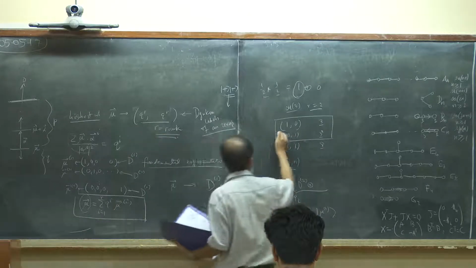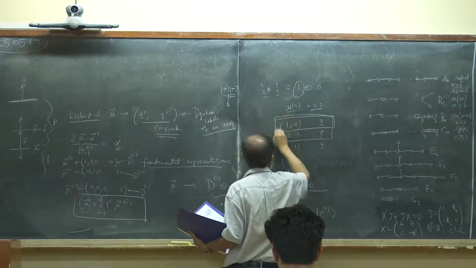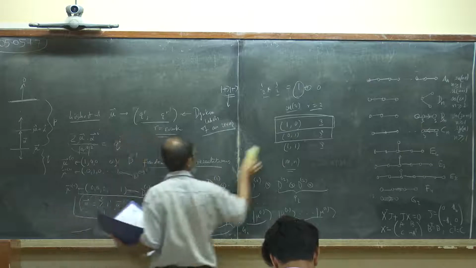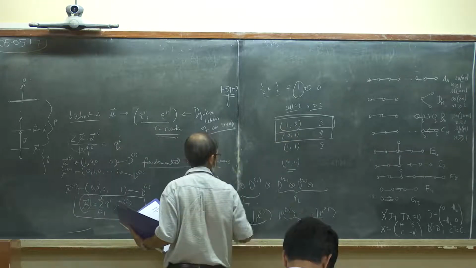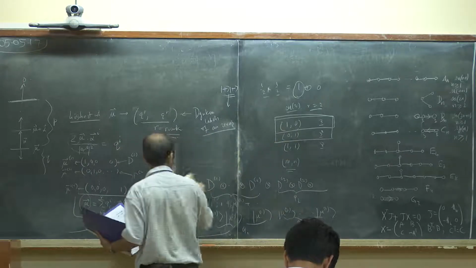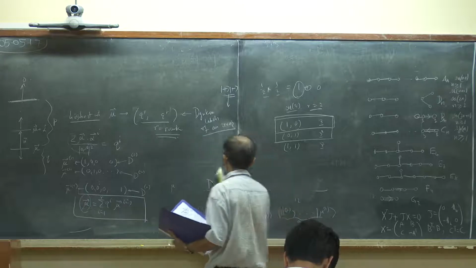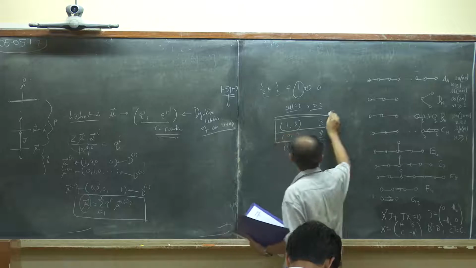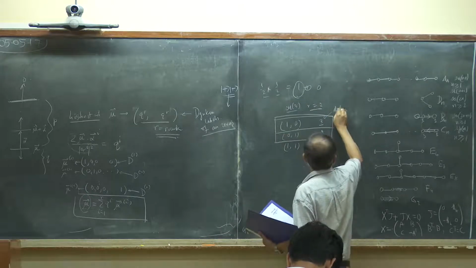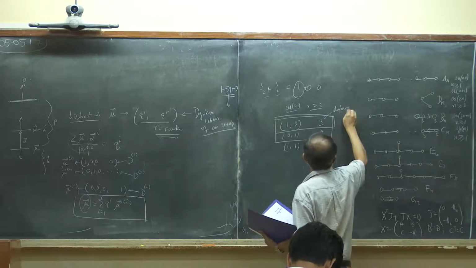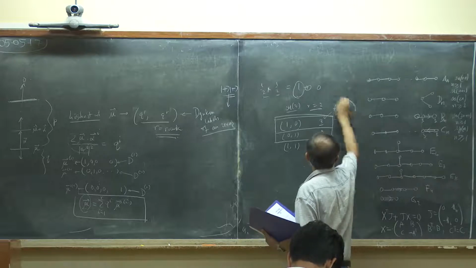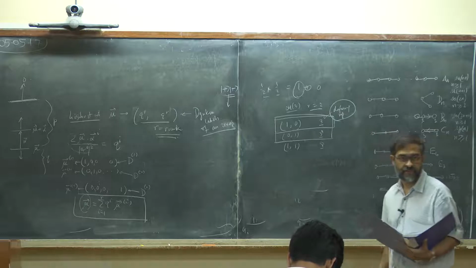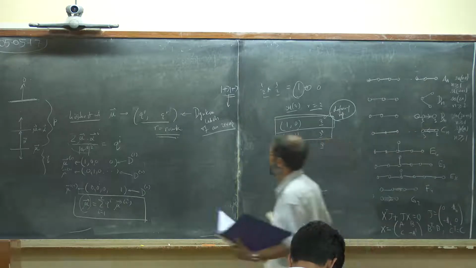In particular, we will explain now our old friend, the 3. So the defining representation of SU(3) will turn out to be (1, 0) in this Dynkin label. Let's see how that works.